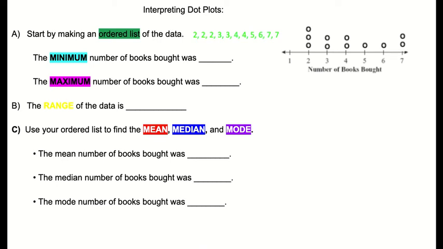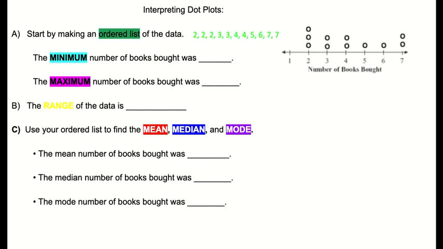My ordered list will look like this, and this is how I made it, right? I took each of these dots, and then I turned it into a number, right? So there should be 1, 2, 3 2s, because 3 people bought 2 books, okay? I have 2 3s, 2 4s, 1 5, because there's 1 dot, 1 6, and 2 7s. Okay, so that's how I made this ordered list.